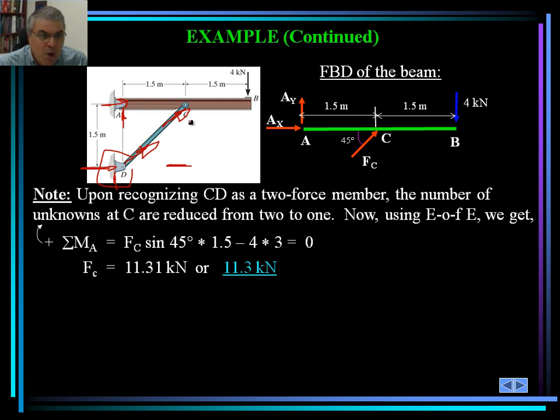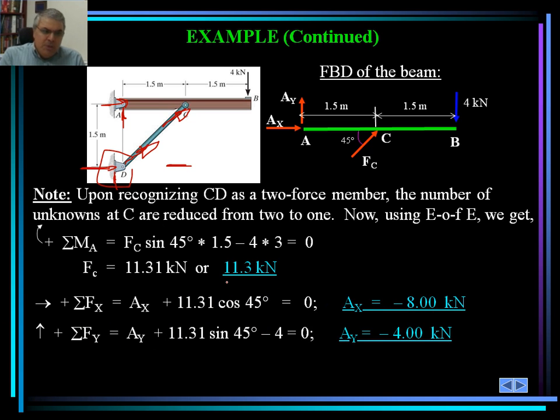We have actually 1 unknown, and right away we would solve for F sub C to be 11.3 kilonewton. So right away we know what the reaction would be at C by picking a smart point to take the moment about.